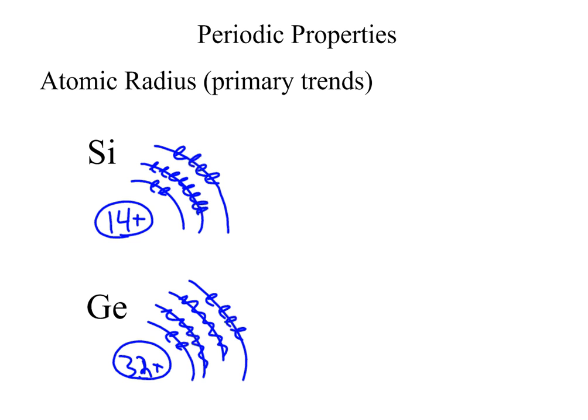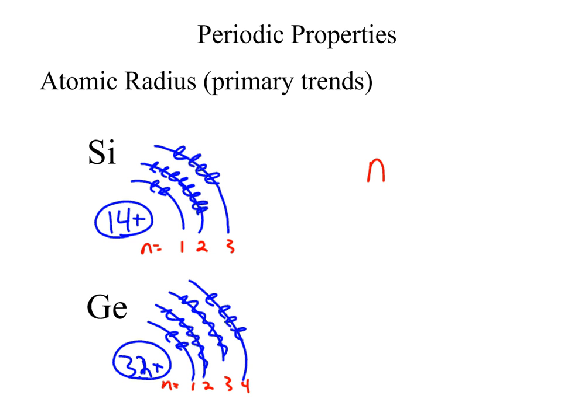I'm going to go ahead and label each of the principal energy levels. So that would be 1, 2, and 3, and 1, 2, 3, and 4. Okay, so we see the number of principal energy levels. So it's pretty obvious from here that germanium is going to have more principal energy levels.